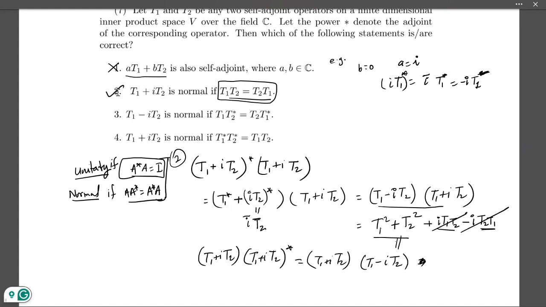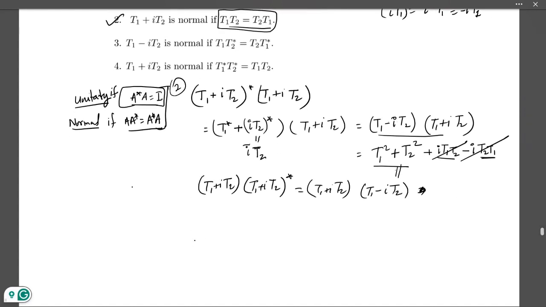Now, about the third, we have to check if it is normal. Again, it is easy to calculate with a similar thing. T1 minus I T2 star, T1 minus I T2. The first will become T1 plus I T2, because T1 T2 are self-adjoint.